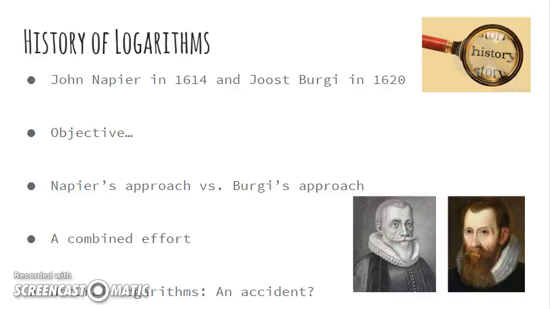So to understand a concept, you need to learn the history to see how it came about. So welcome to the mini history lesson inside a math presentation. John Napier and Juste Berge invented logarithms, but not together. Napier invented the idea of logarithms in 1614, and Berge expounded upon it in 1620.